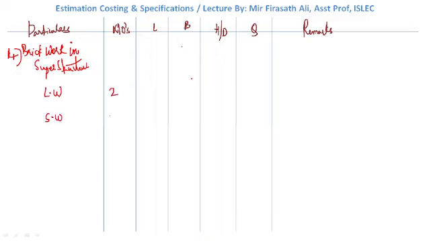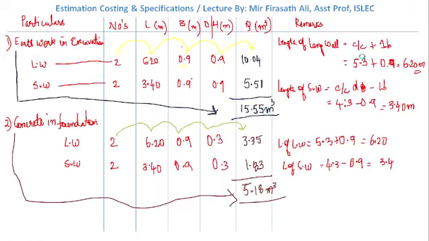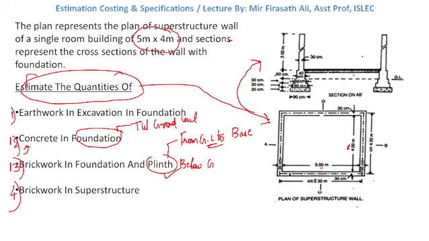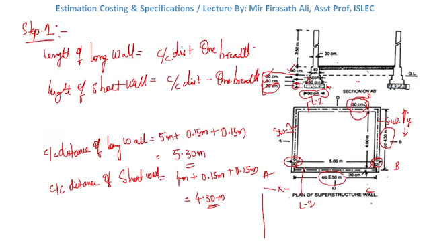We have two long walls and two short walls. What is the length of the long wall? Center to center distance plus 1 breadth. The center to center distance is 5.3, plus 1 breadth, the thickness of the wall, which is 0.3 meters.